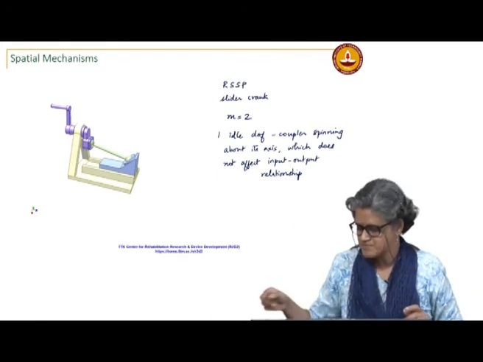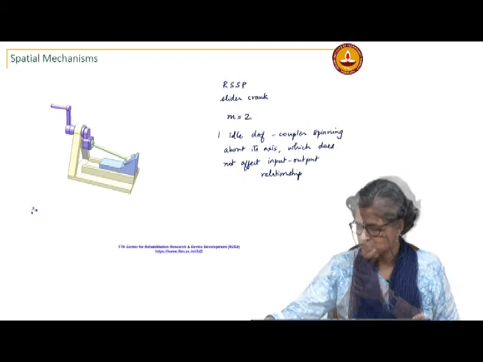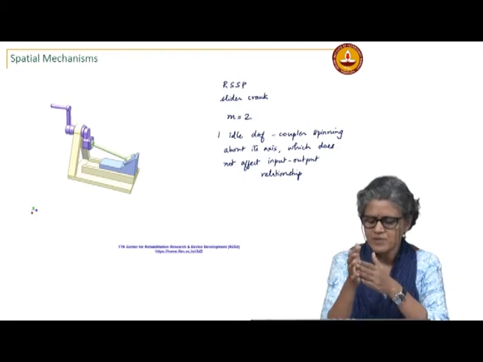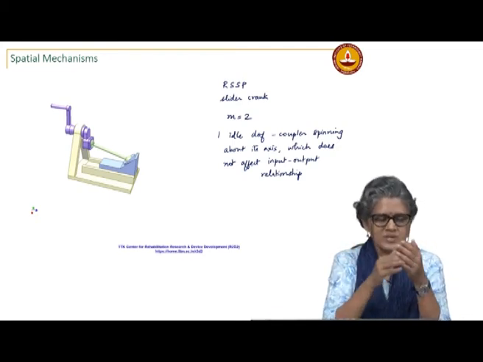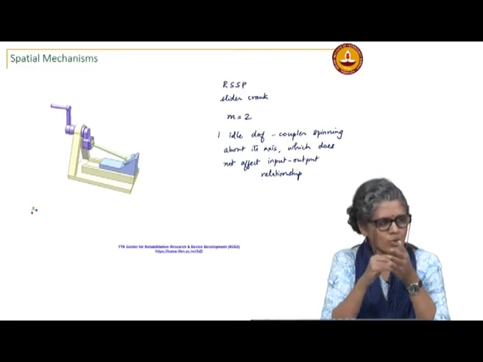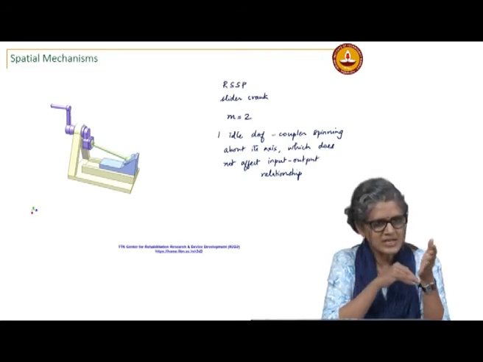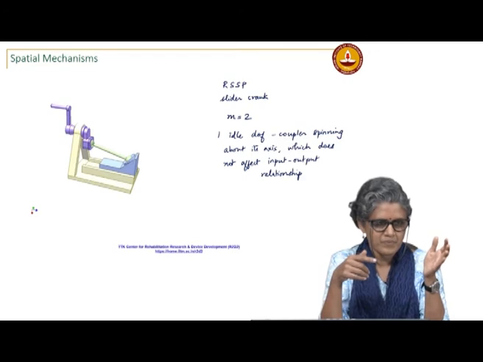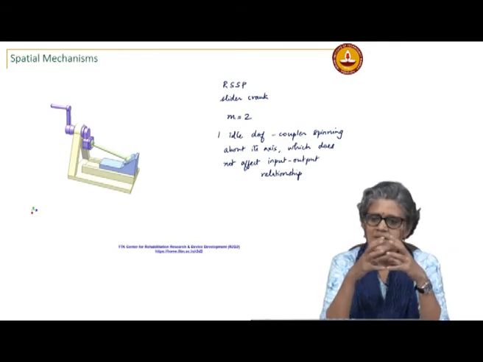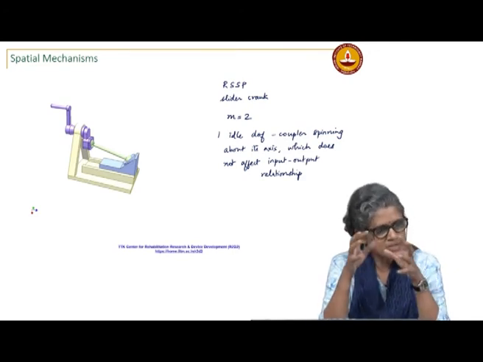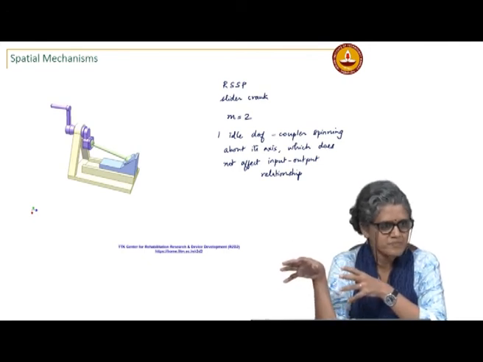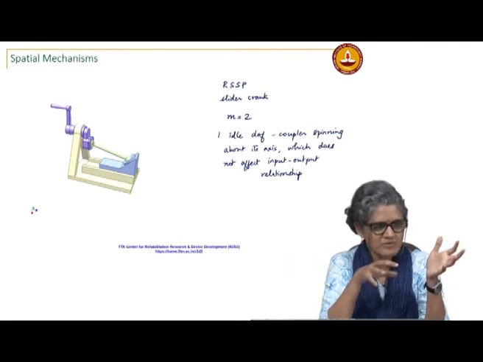what you typically do is you attach a coordinate frame rigidly to each link, and then you establish a relationship between those coordinate frames. You have these things moving with respect to each other.